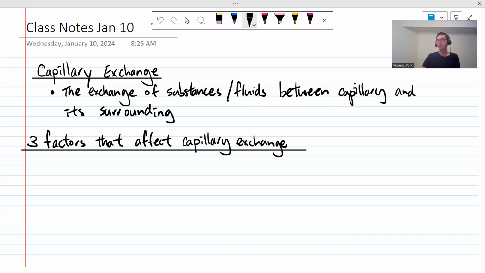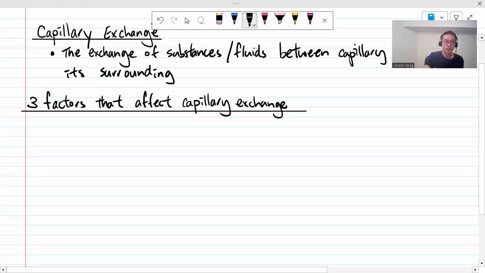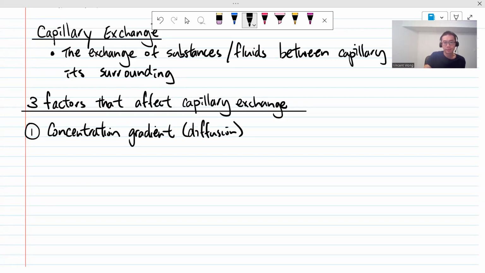Okay. Factor number one. That's the easiest one to understand. Concentration gradient. Okay. And you know, diffusion is related to concentration gradient.